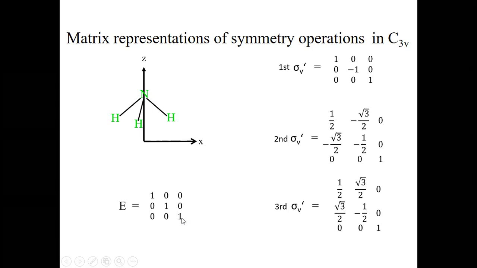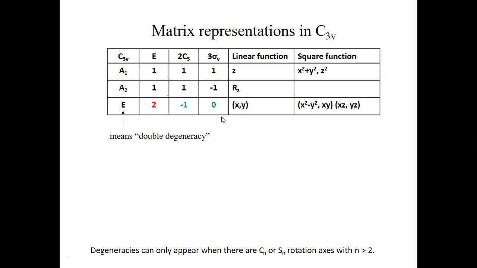So now we have found all the transformation matrices for the symmetry operations. We can now derive the character table from these matrices. So you see here the entire character table for the point group C3V. So let us systematically go through that character table as well in order to understand it.